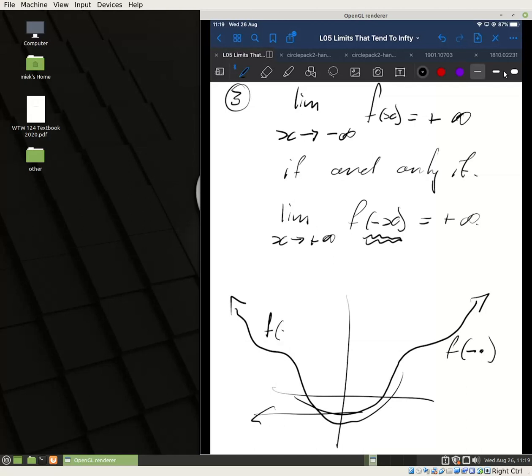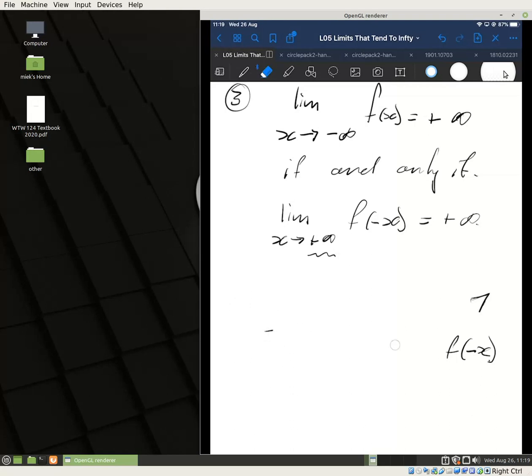So if this is the graph of f of x, f of minus x goes to plus infinity as x tends to plus infinity. This transformation has the effect of flipping around the y-axis.